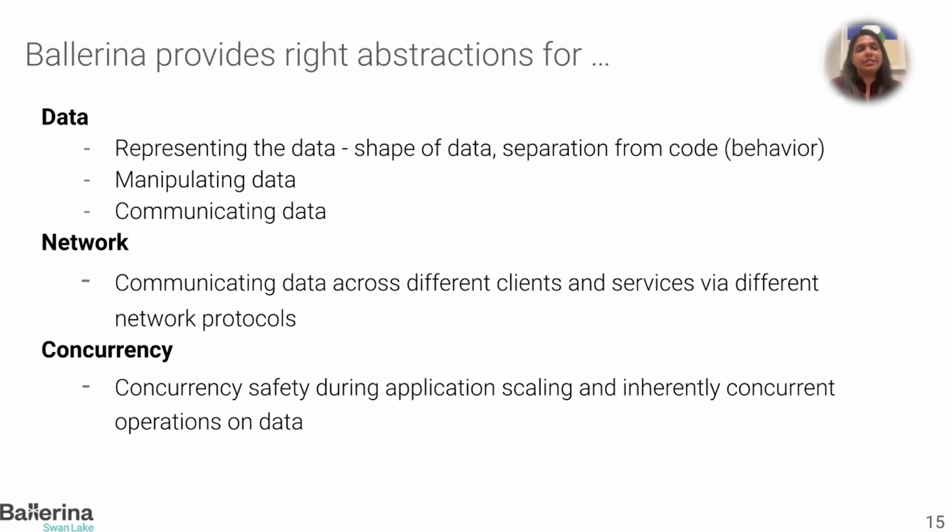The first thing is data. When it comes to integration applications, data is something that we cannot avoid, because we are always communicating data, manipulating data, representing data, converting it here and there. Likewise, data plays a big part in the system.